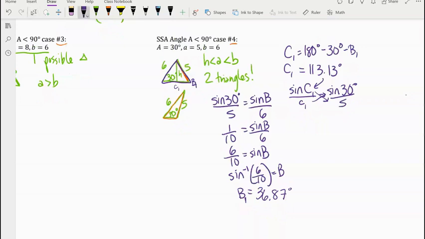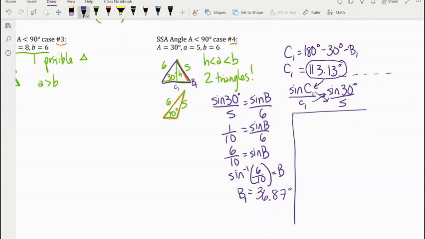But the only thing is, don't actually plug in this number. Leave the exact number in your calculator, not 113.13, but the many, many decimal places that come after it. Take the sine of it, and then solve this with the real number plugged in, not just round it to 2 decimal places.